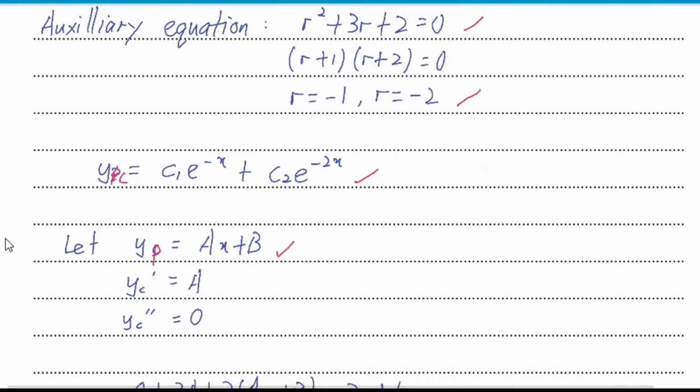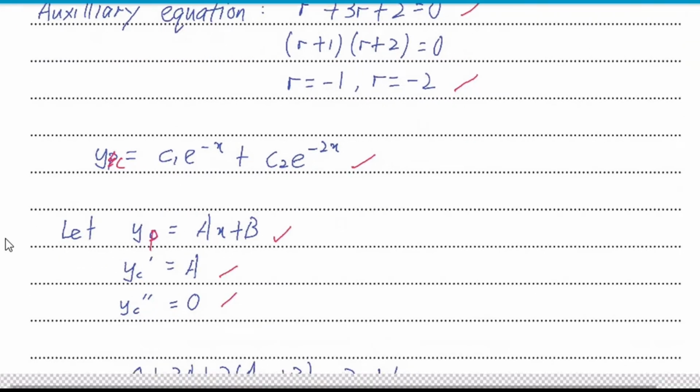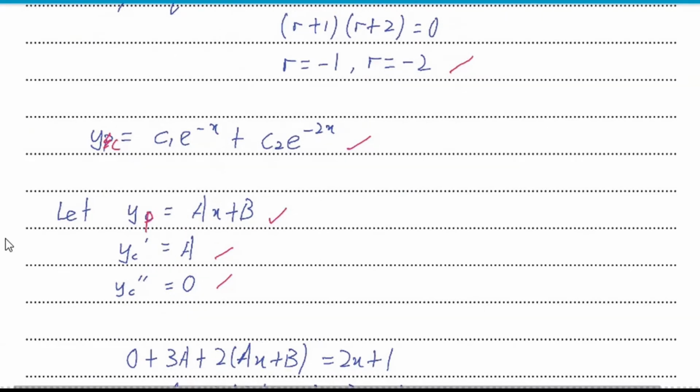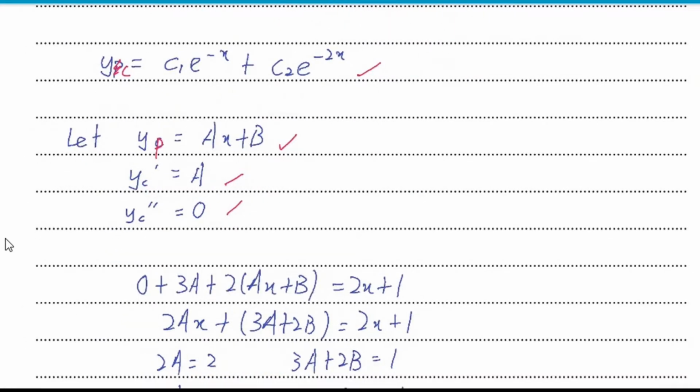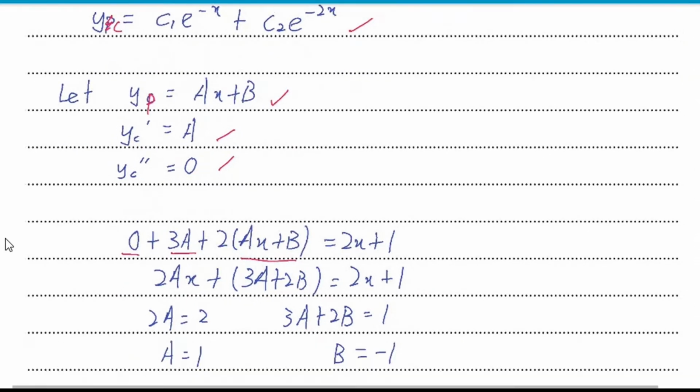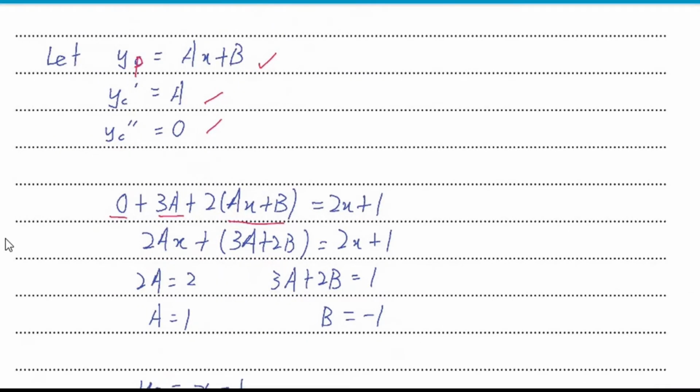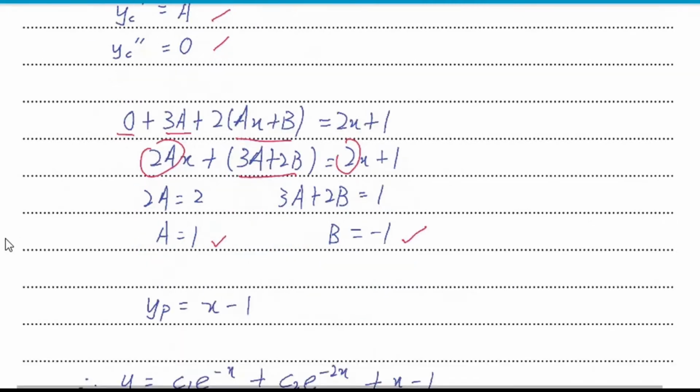We differentiate, so we get a, and also we get a 0 from there. We sub all these into the equation, tidy up and solve. We compare the x with the x, so we get a. With the value of a, we are able to solve for the value of b as well. That will give us the particular solution, yp.